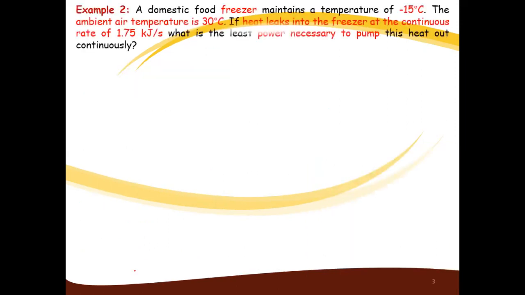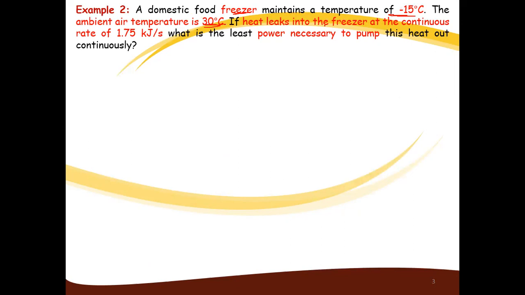For example 2, a domestic food freezer is used to maintain the temperature of minus 15 degrees Celsius. The ambient air temperature is 30 degrees Celsius. So that is the temperature T1, and this is the temperature T2.